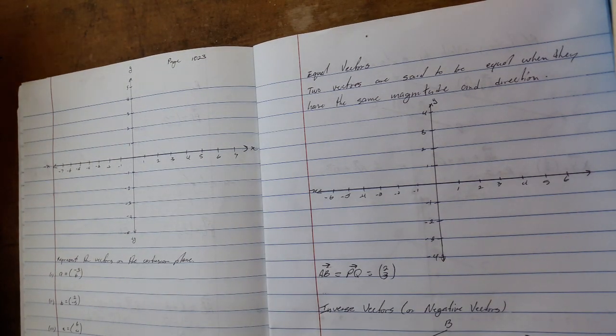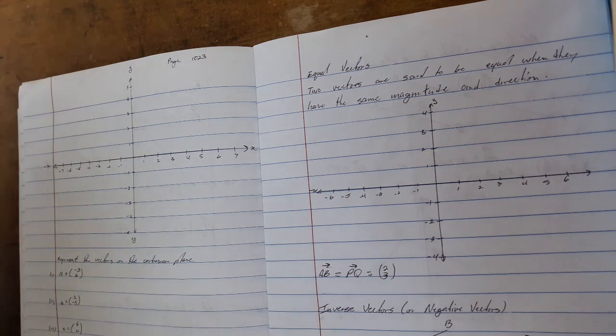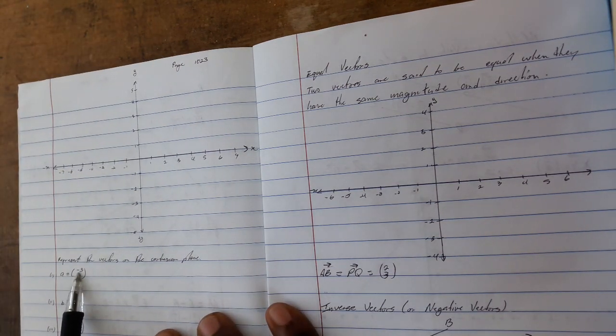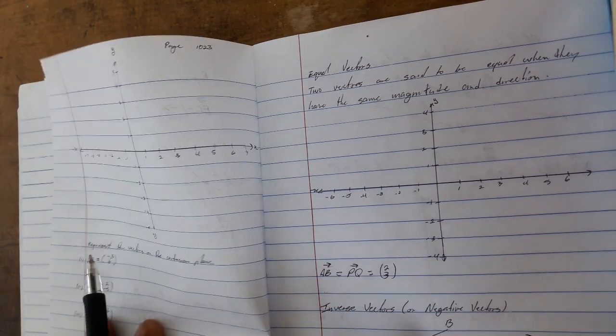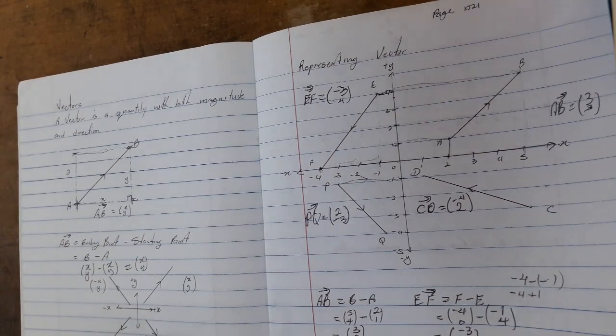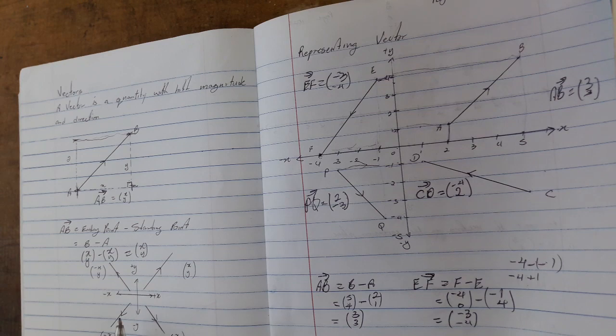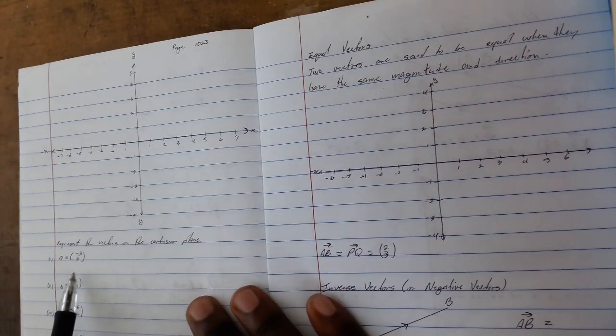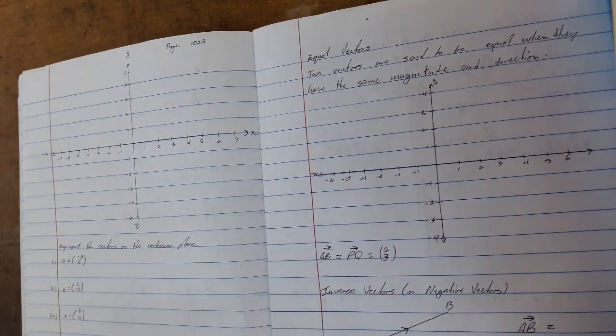You can start a vector anywhere on the Cartesian plane. It doesn't matter where. As long as you observe these signs, you will know which direction the vector is going in. So it makes sense to just do a little sketch of this if you have to draw a vector.